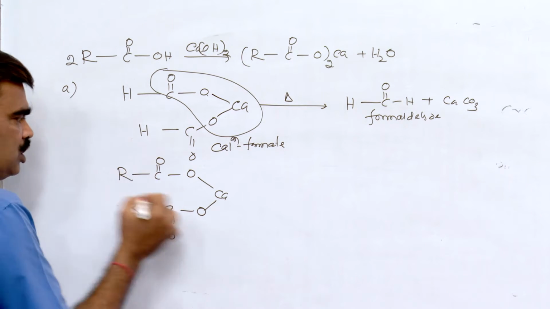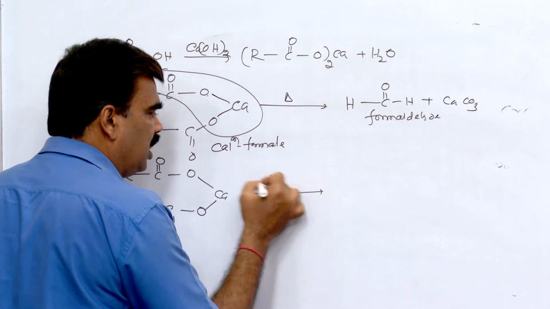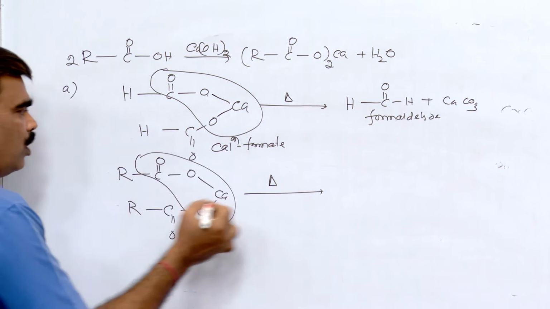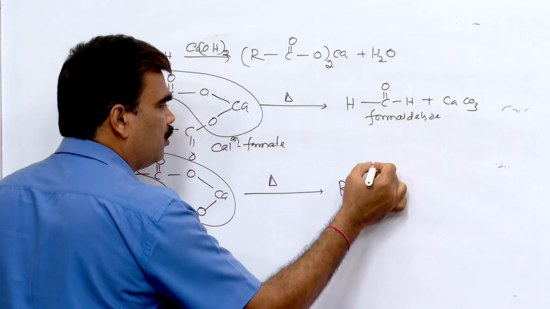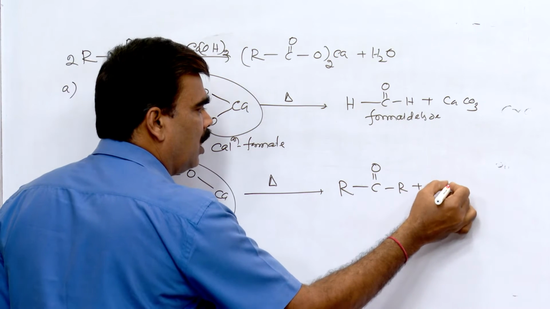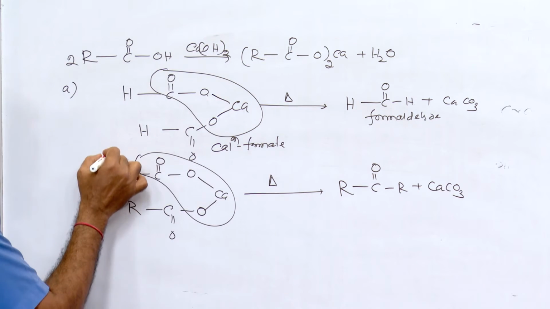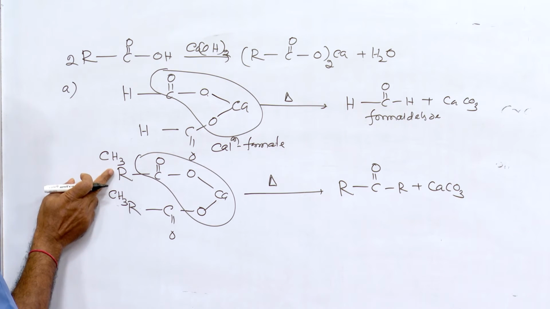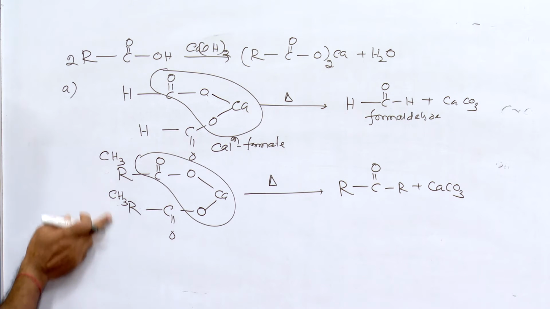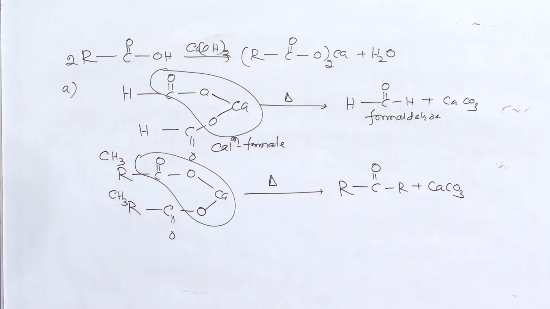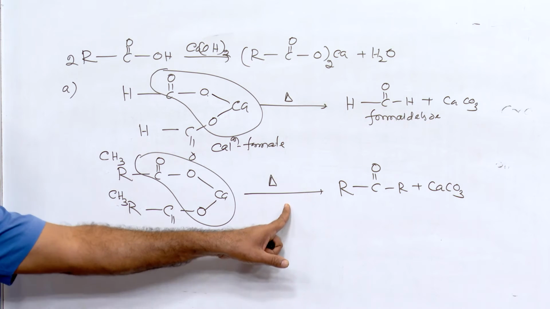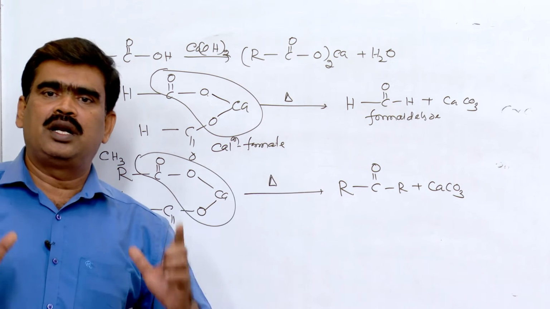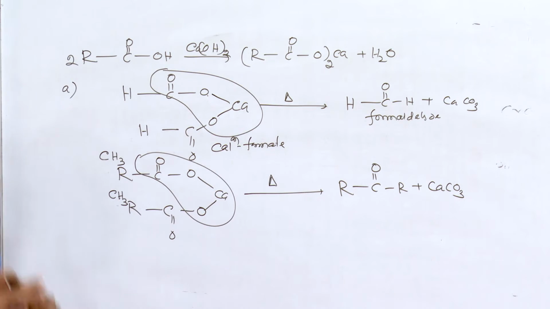So it is not H. When you dry distill it, strongly heat it, you will get a ketone and calcium carbonate. If you take calcium acetate, so many times it has been asked, what happens when calcium acetate is dry distilled? If you take CH3 in place of R, you have to take similar groups. Here CH3, that means you will get acetone. When calcium acetate is dry distilled, we get acetone, right?